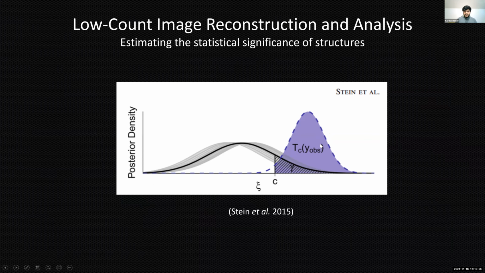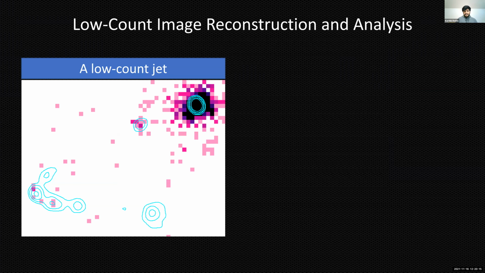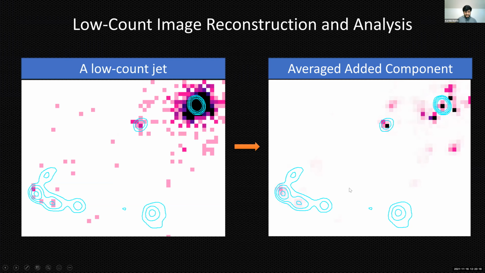If the emission in the observed image was simply due to some background fluctuation, these distributions won't be much different from each other. So the larger the area under this curve, the larger the significance is going to be. That means we can go from an image that looks like this, generate several added component images, and then average them to produce a core and background subtracted deconvolved image.